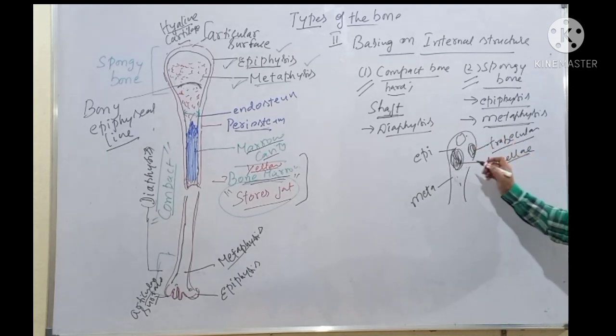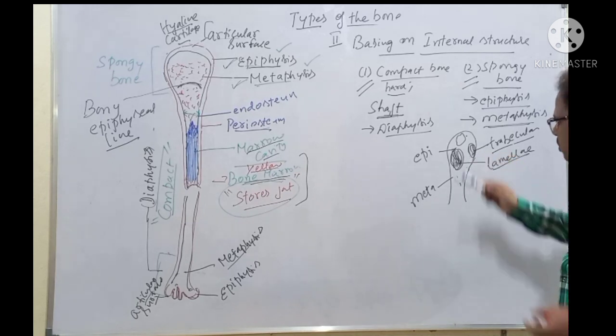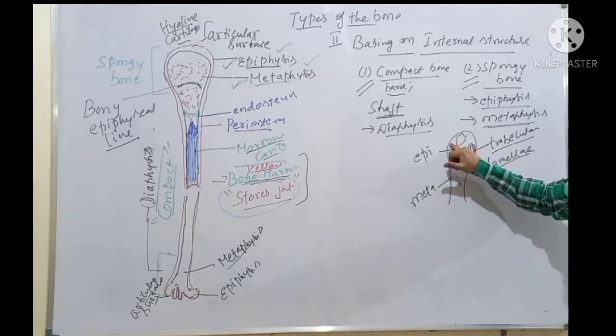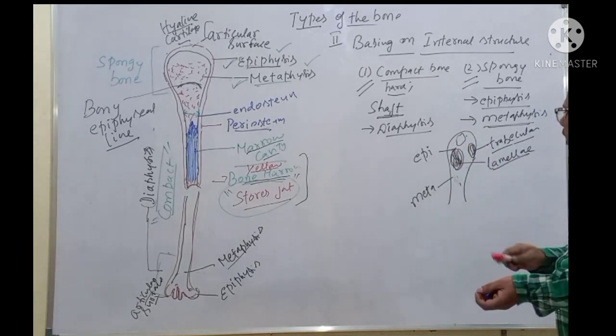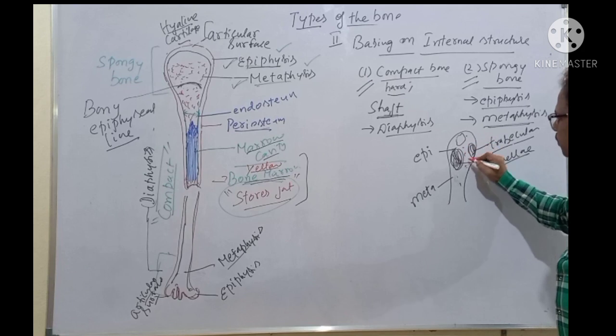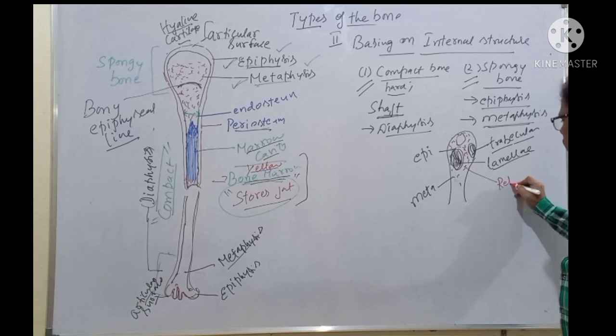You're following? Between the trabeculae, some gaps are there. Can you see the gaps? The gaps contain red bone marrow. I'm drawing here with the red. So this one is called the red bone marrow.